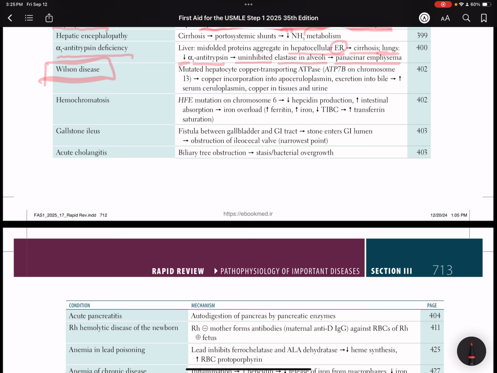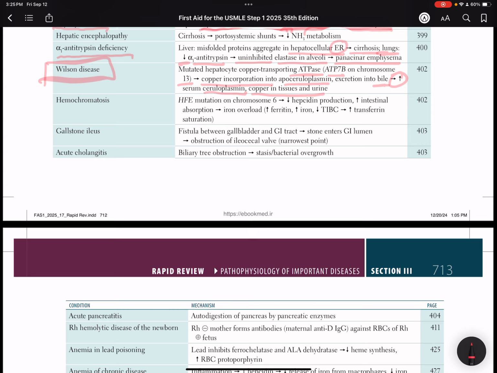Next, you see Wilson's disease. Wilson disease is mutated hepatocyte copper transporting ATPase, which is ATP7B on chromosome 13, causing impaired copper incorporation into apoceruloplasmin and excretion into bile, causing decrease in serum ceruloplasmin, copper in tissues and urine.